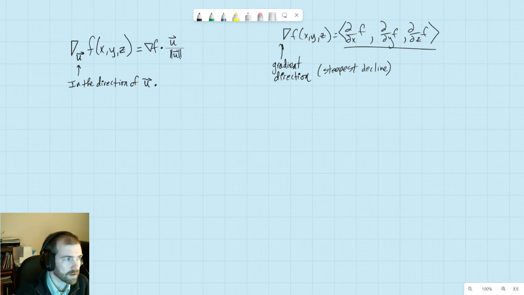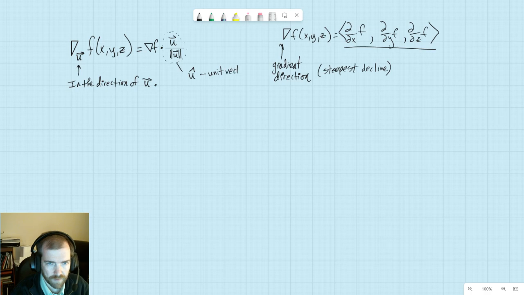So this right here, all of this, u over norm u is going to be u hat. So this is the unit vector in the direction of u vector.